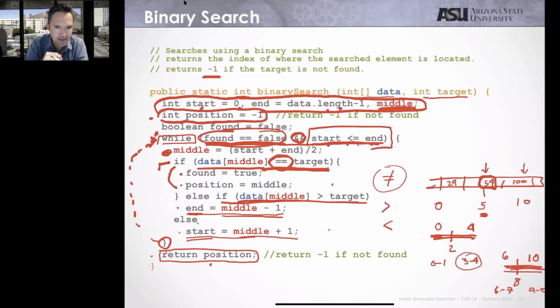Searching is a method, a loop, a condition, and playing with variables. This is the kind of things that you're going to have in your exam. Variables, conditions, loops. But the interesting part is the result. In this case, tell me if one particular element is in the array or not.